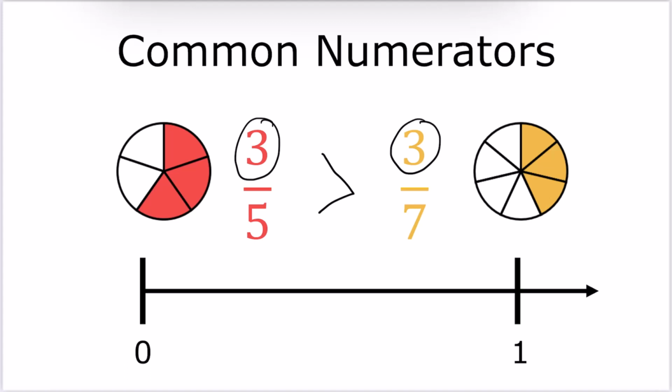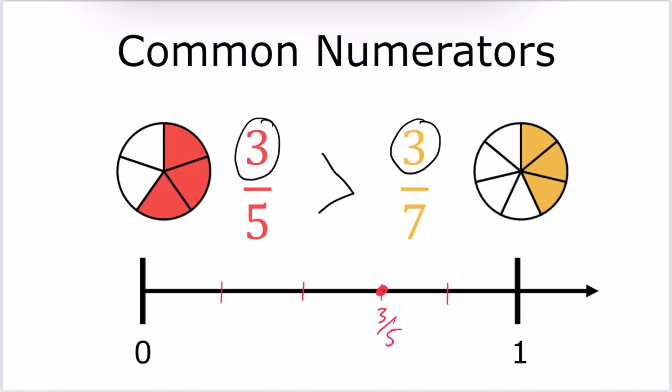And again, you can show this on a number line, or if you wanted to, you could also show it with fraction strips, because fraction strips are very similar to the number line model. So if I wanted to do that, I would basically take the distance from 0 to 1 and split it up into 5 equal pieces. And 3/5 is going to be right here. So that's the number 3/5.